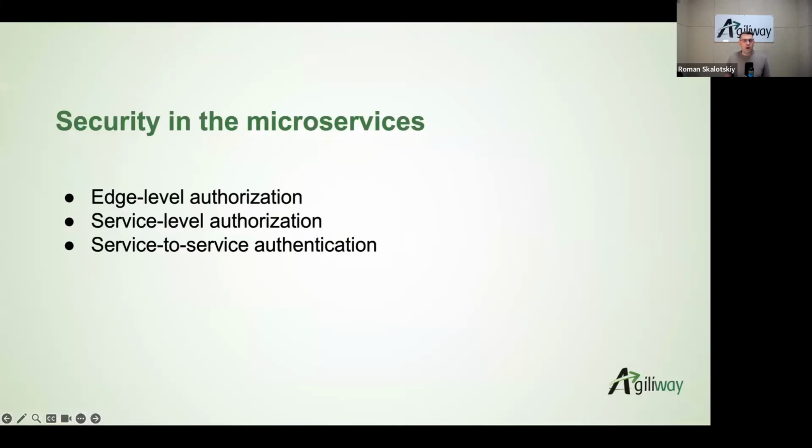So one of the most important things is security. Security in microservices architecture is a critical aspect that involves protecting each microservice and the data it handles. The application design and implementation phases involve numerous security challenges that must be solved.